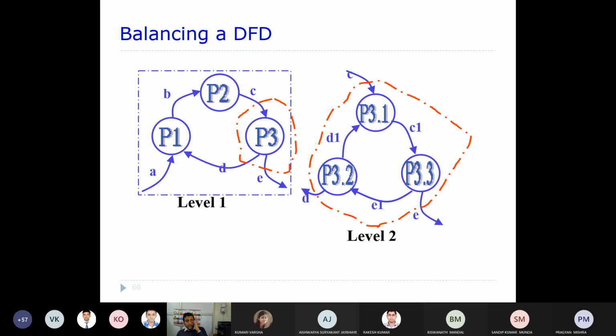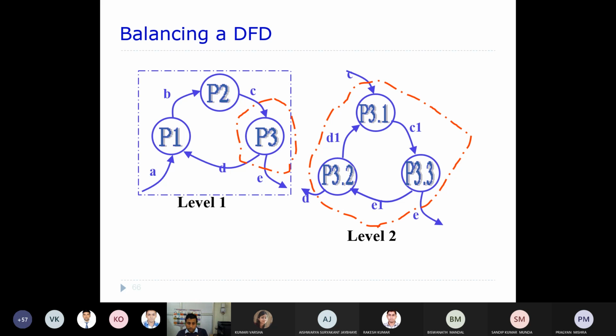So whatever the number of inputs and outputs that were there in the previous level for a process or a bubble, that same number should be maintained at the next level also.